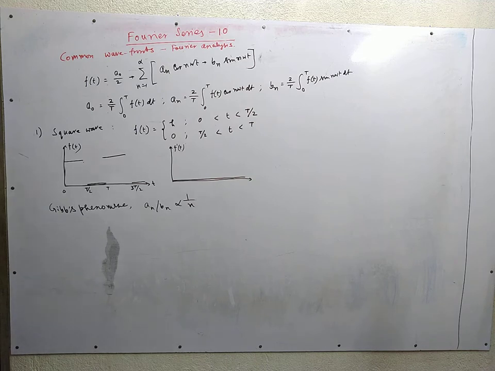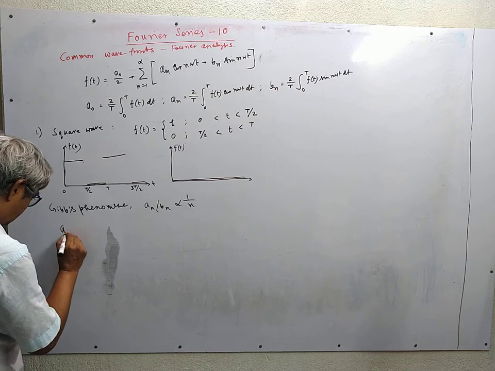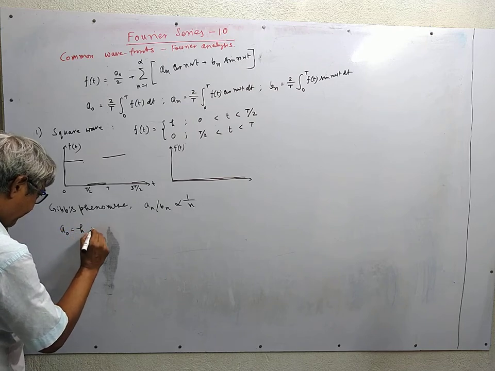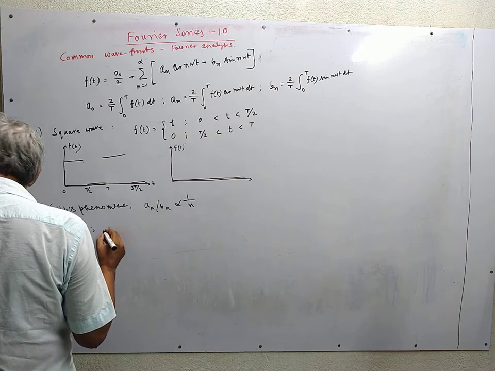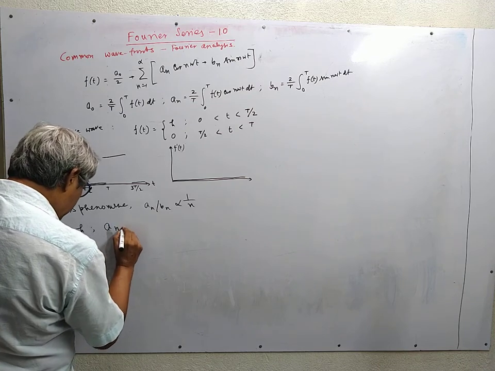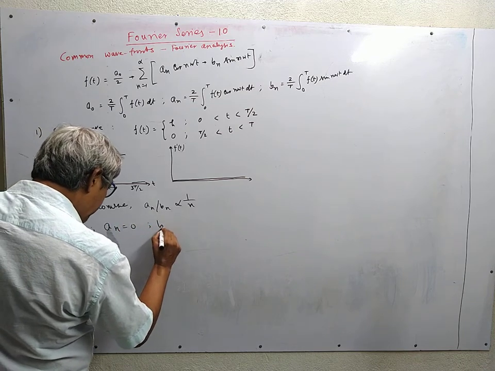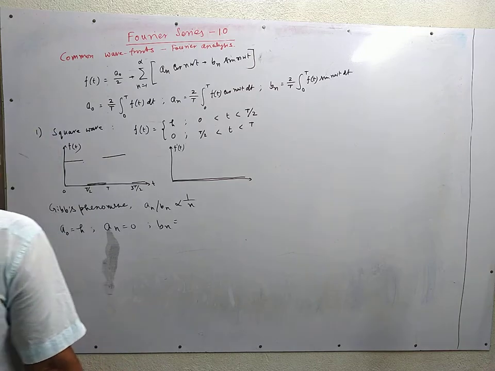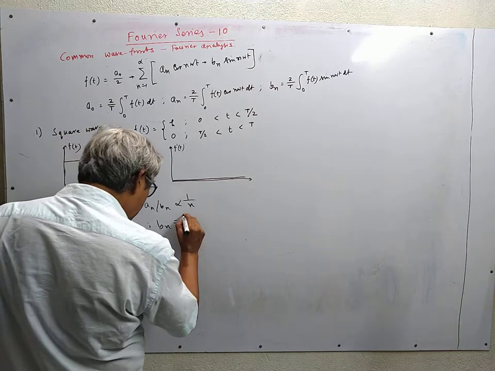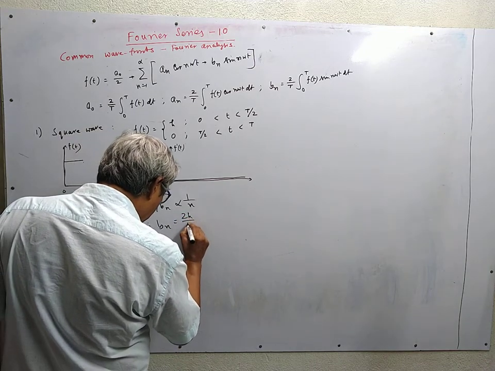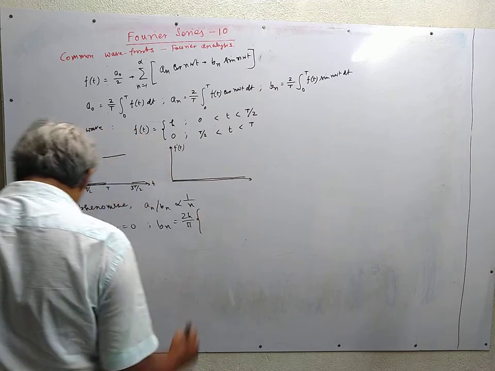The actual calculation leads to a0 equal to h, an equal to 0 and bn equal to 2h by n pi for odd n.